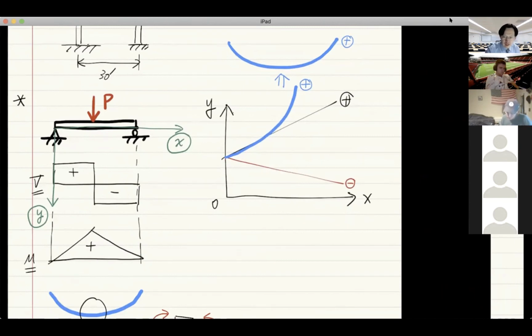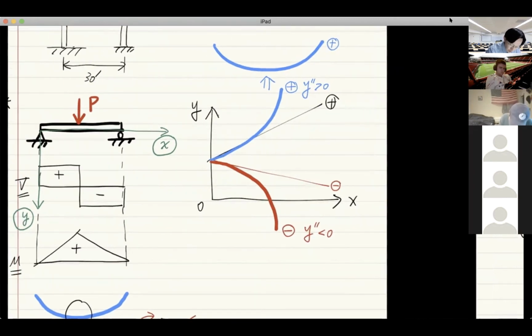To achieve negative curvature, you start with a negative slope and you keep reducing the slope, or increasing the negativity of the slope. That means from this point it goes further and further down like this, and that will give you negative curvature. So in this case, y double prime is less than 0. In this case, y double prime is greater than 0.